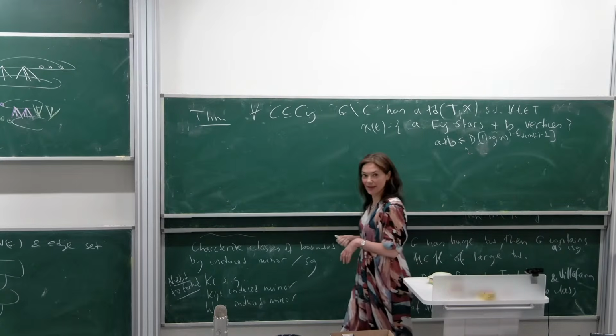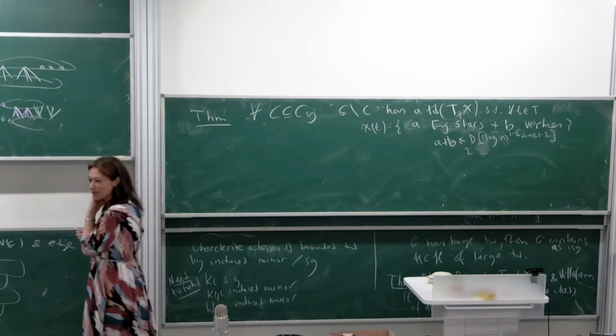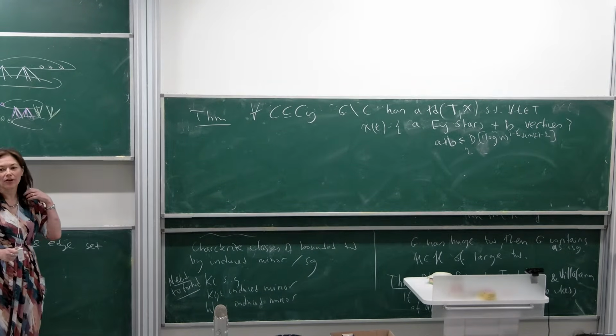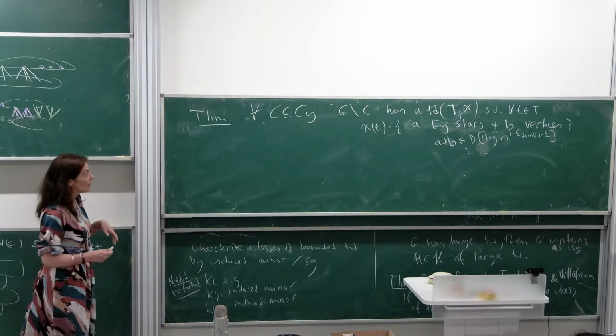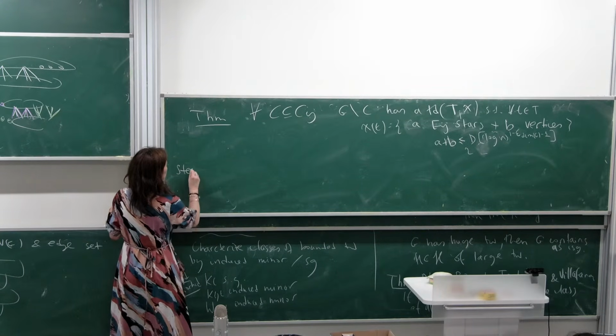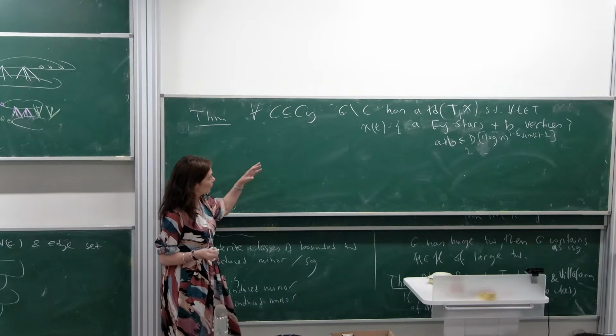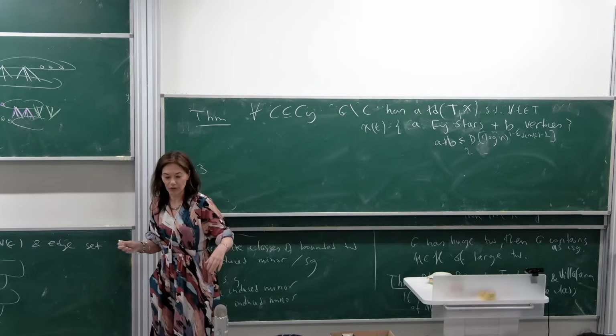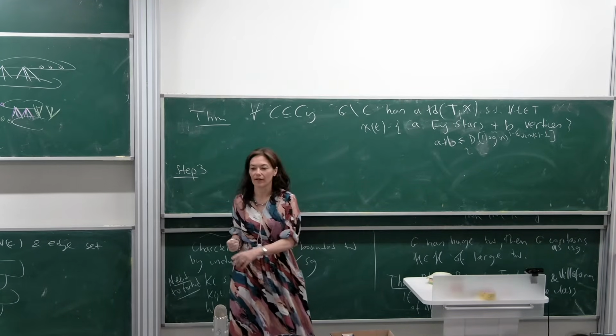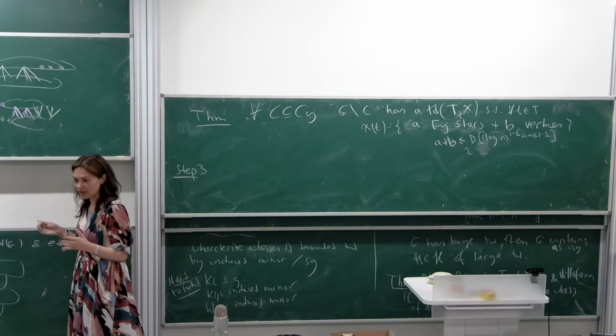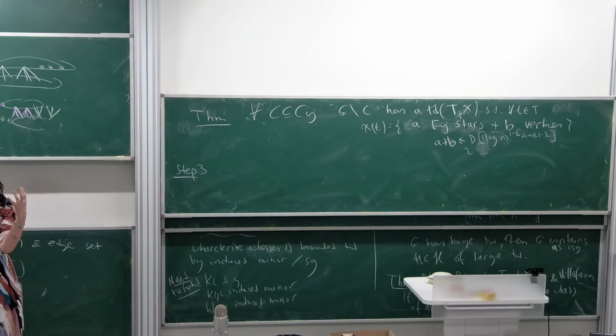Now, okay, so now we're going to reduce it to separating vertices. So what I'll do now is, I have this tree decomposition, right? So let me start with C equals empty. G has a tree decomposition like that. So I can pull out a bag, and that's a balanced separator.